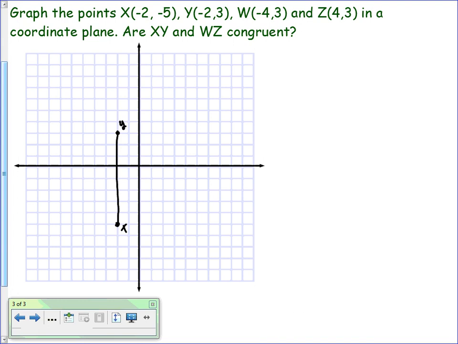So I plotted X and Y because it's asking XY. And since it's a vertical line, I can simply count, and it is 8 units.